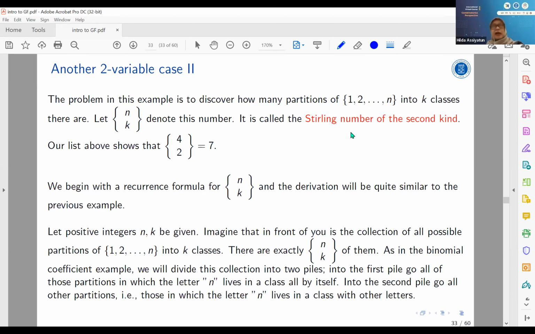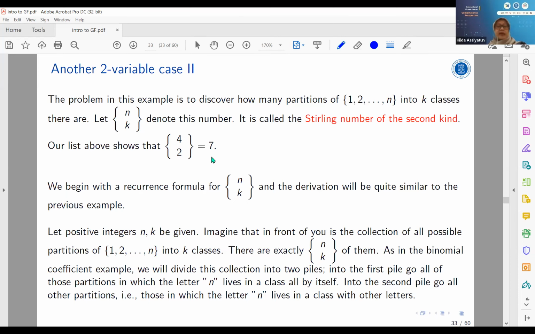If you have only heard of this kind of number, you should find out about the Stirling number of the first kind. This one is the second kind. With this notation, we have that the partition number for 4 into 2 is 7.